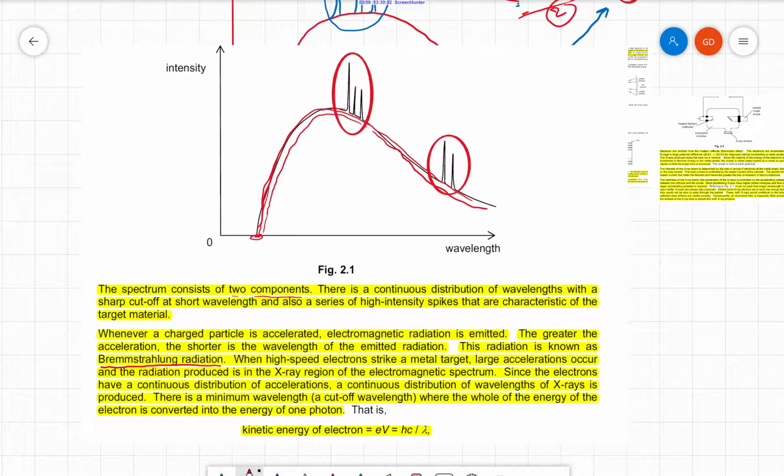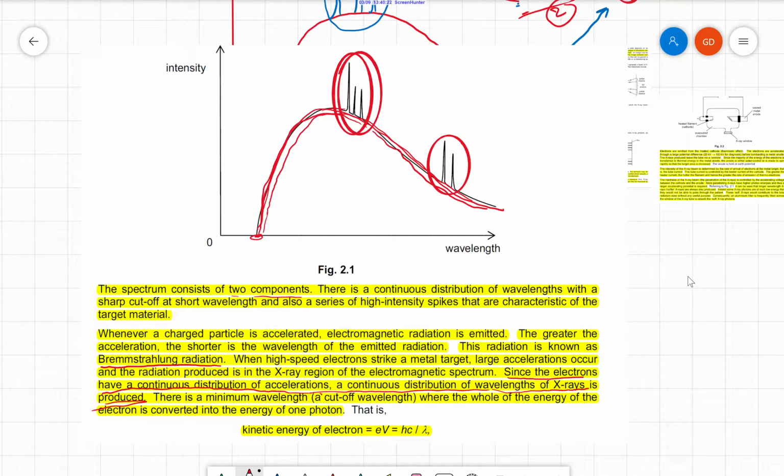Since the electrons have a continuous distribution of accelerations, a continuous distribution of wavelengths of X-ray is produced, and this justifies the continuous part. Okay, now what about the spikes?